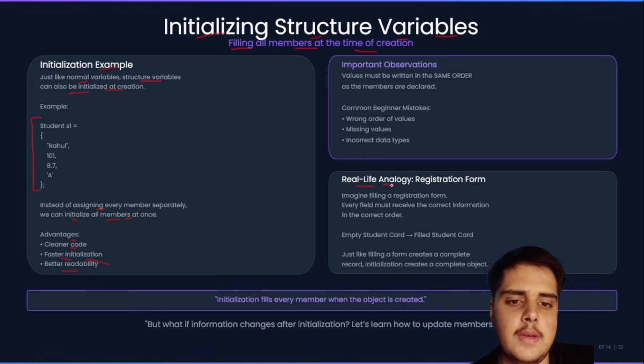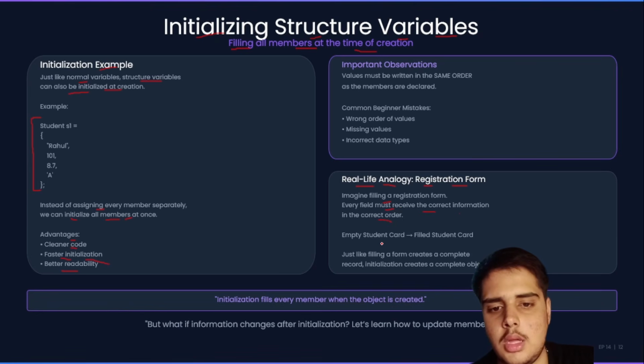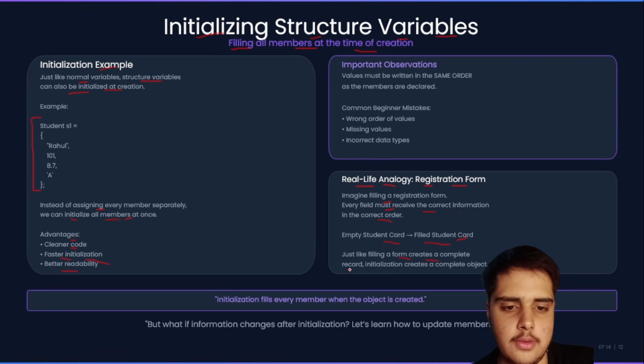A real life analogy of the same can be a registration form. Imagine filling a registration form: every field must receive the correct information in the correct order. An empty student card doesn't count and a filled student card counts. So just like filling a form creates a complete record, initialization creates a complete object.